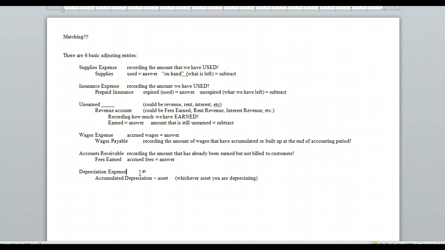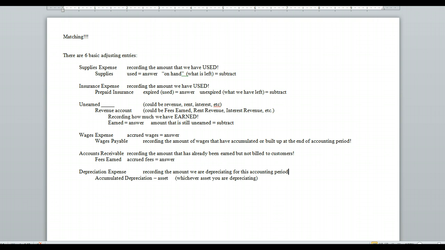This is our adjusting entry. Debit depreciation expense, credit accumulated depreciation, dash tractor, dash building, dash truck, whatever asset we are depreciating. The amount that we are looking for is the amount we are depreciating for this accounting period.